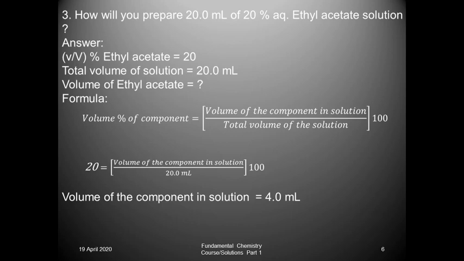So what is given? Volume by volume, small v for the solute and capital V for the solvent. The percent given for ethyl acetate is 20. That means, as the question says, we are going to prepare an aqueous solution, so capital V is the volume of water going to be the solvent.